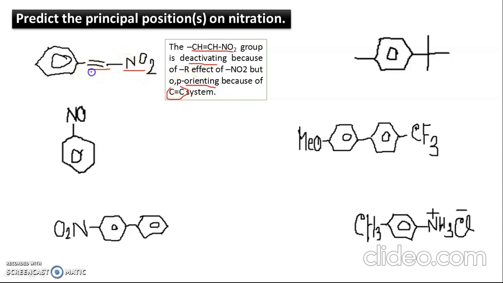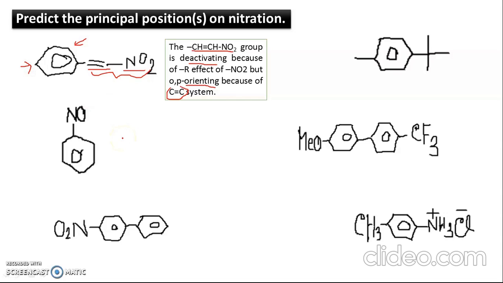Overall, yes, it is true that NO2 is present, but remember it is not directly attached to the benzene ring. In between the benzene ring and NO2 there is a C=C double bond system, which is ortho-para orienting. So that is why here the principal positions will be ortho and para.